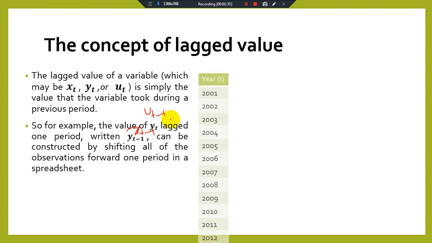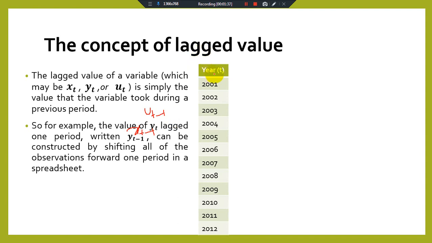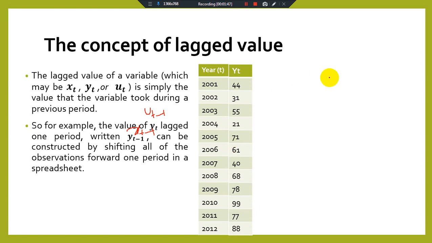Okay, here we have an empirical example with the years from 2001 to 2012. 12 years of data are available. We have a variable, let's say yt, and the values of yt run from 2001 to 2012. We are first interested in one period lag.